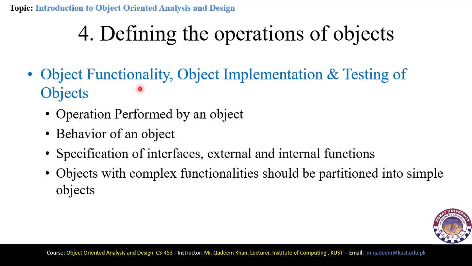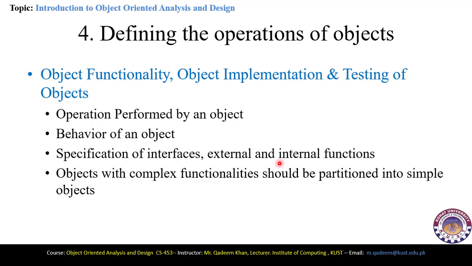So operations are performed by the objects, including different behaviors of the objects. Here the specification, interfaces and the external and internal functions are defined in the objects. That means different interface classes that are interacting with objects and how these interface classes are called in our objects for the interaction.